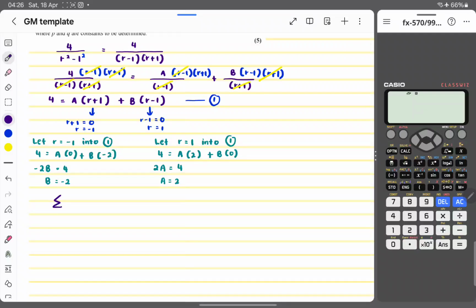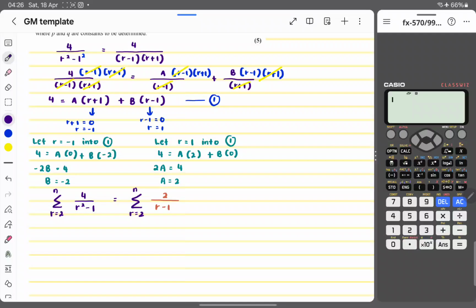So, we have our series, r from 2 until n, of 4 over r squared minus 1. This is equal to the sum from r equals 2 until n. Let's begin with a: 2 over r minus 1.